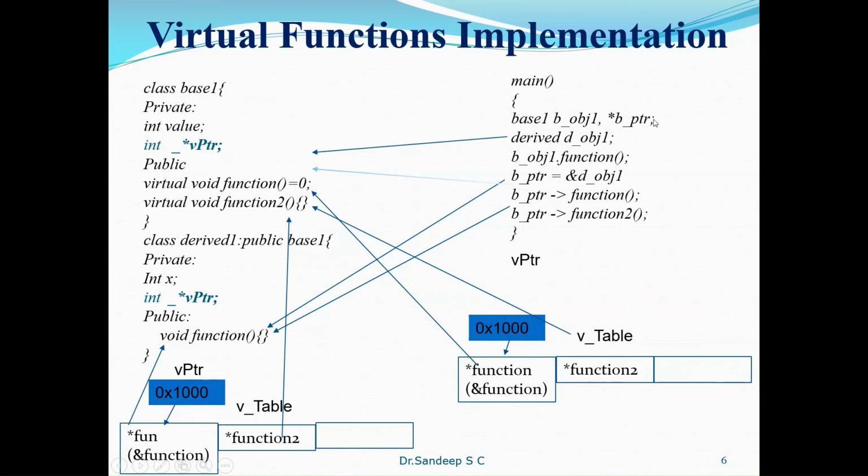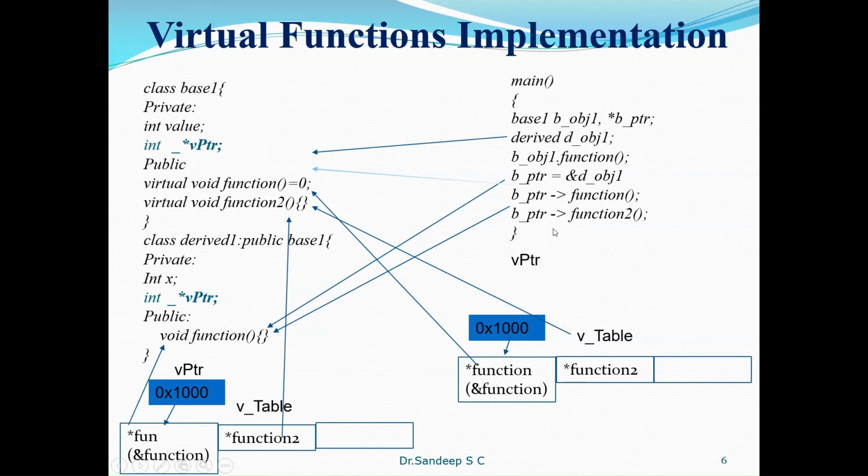Now, if there is a base class pointer having the address of a derived class object, remember here we have a base class pointer pointing to a derived class object, then when we call a function using the base pointer, the function which is there in the derived class will be called because it is overriding that. So this function will be invoked.